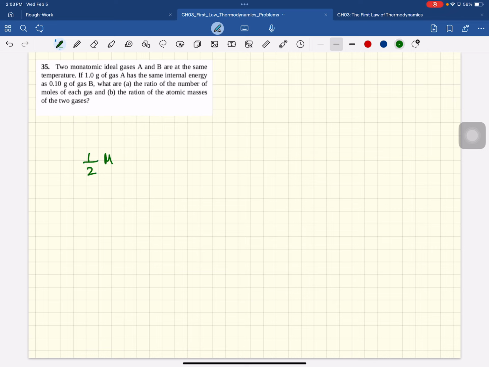So 1/2 m_A v_A squared, and I'm going to dispense with the average symbol. 1 gram of gas A has the same internal energy. The mass of the gas is the number of molecules of the gas times the mass of each molecule. So N_A equal to M divided by m_A.